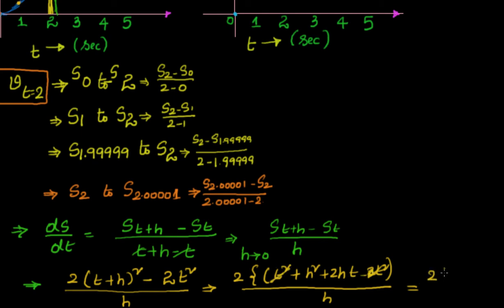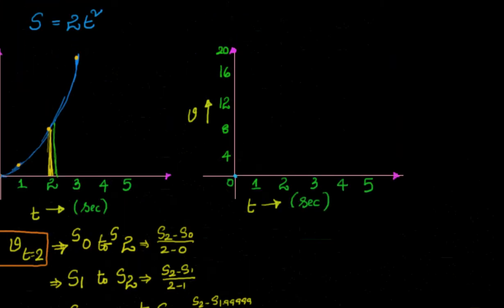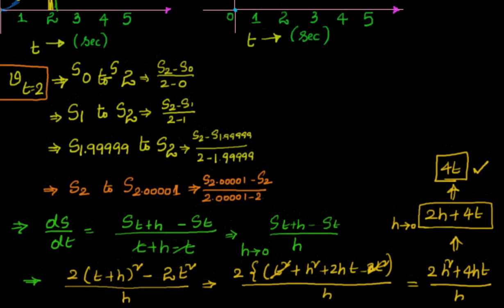I'll have 2h square plus 4ht divided by h, which is nothing but equal to 2h plus 4t. Now we are saying that h should be 0 because we want to have the instantaneous velocity. That will give you instantaneous velocity equal to 4t. So this is nothing but called the derivative. The derivative of s equal to 2t square is nothing but equal to 4t.